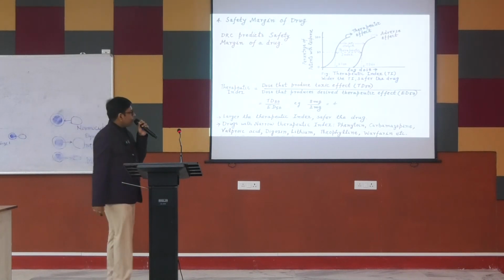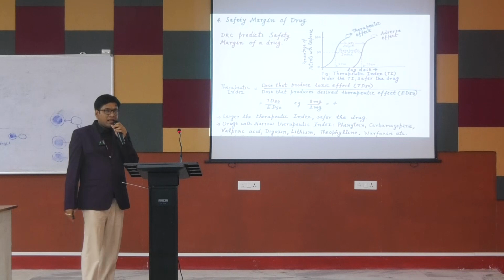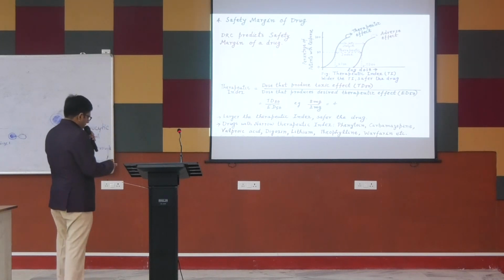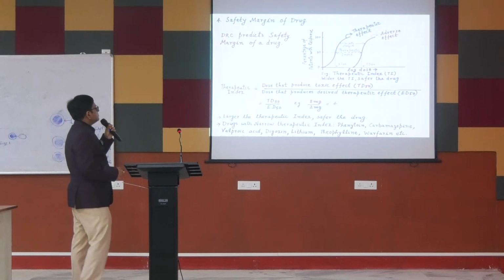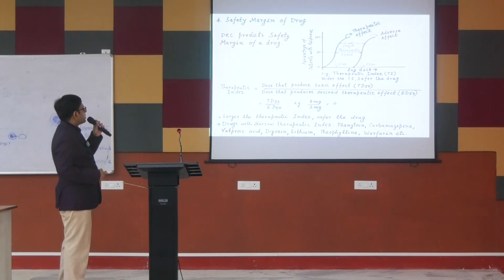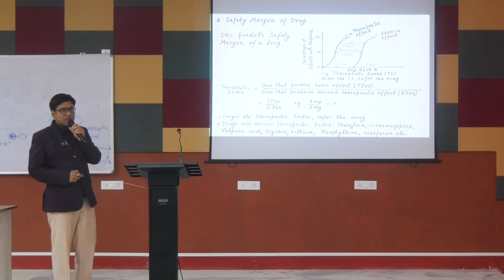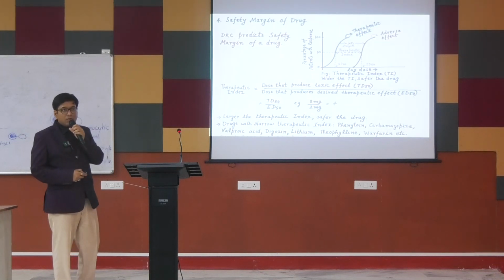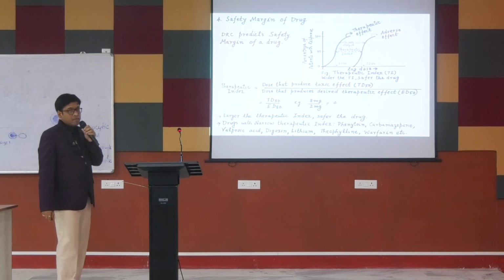Now, this is an important concept, the therapeutic index. What is therapeutic index? See, this is a log dose response curve. Again, you see another dose response curve, the second is the therapeutic effect.